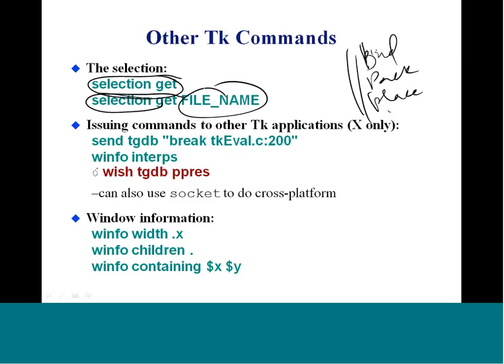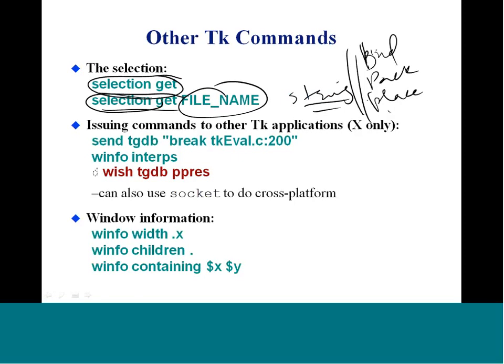And if that file name does not exist, then the command itself returns an error. Usually, selection get results in a string. So this is the value that it returns.